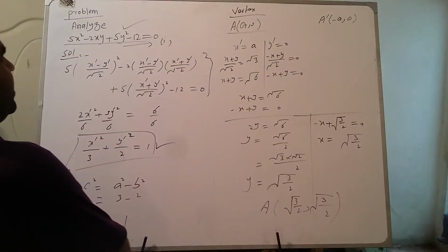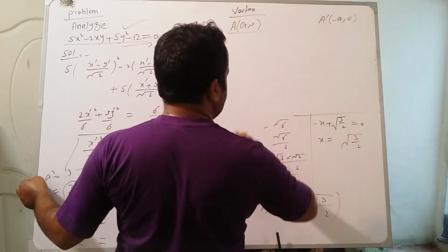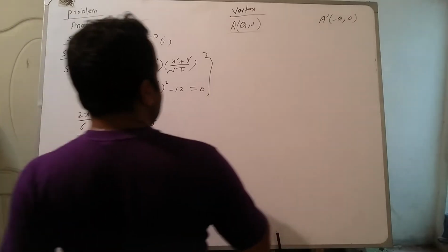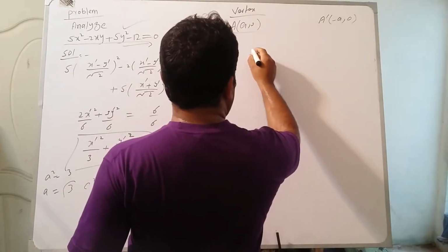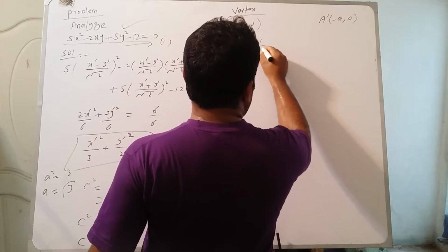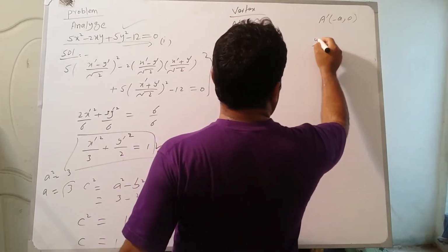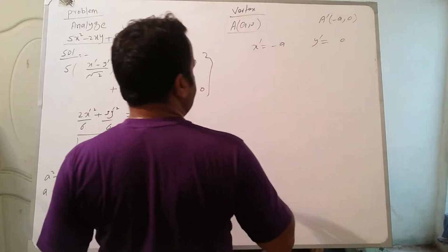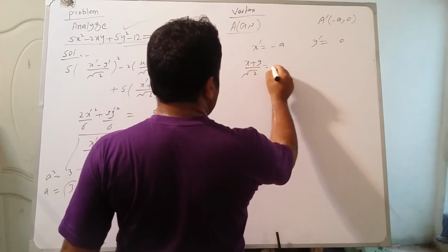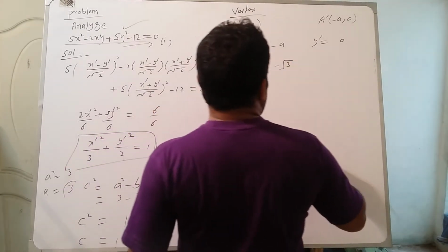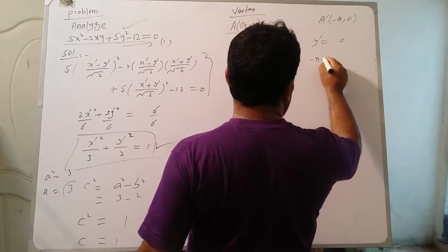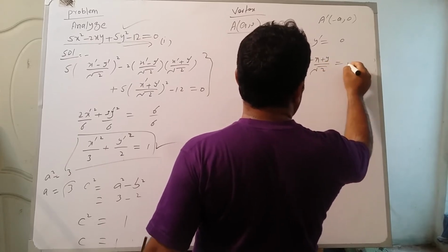Now we find A dash. In order to find A dash, x dash is equal to minus A, and y dash is equal to 0. x dash means (x plus y) over root 2 is equal to minus root 3, and y dash means (minus x plus y) over root 2, which is equal to 0.